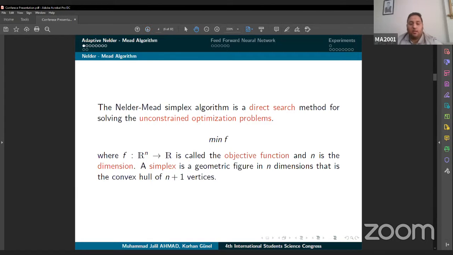First, let us take a function from R^n to R. We will call this our objective function, and n will be the dimension. Our simplex will be a geometric figure with n dimensions and n plus 1 vertices.